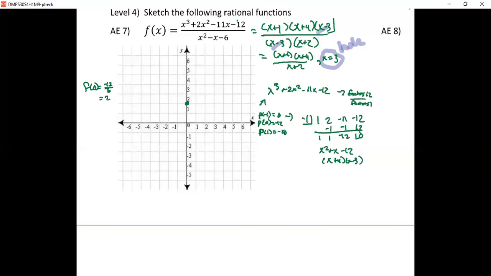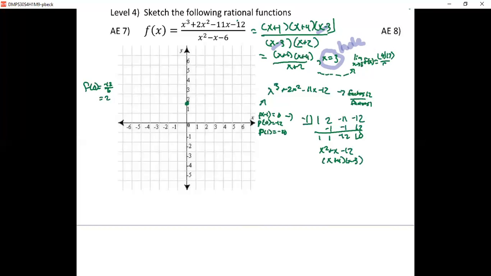We can find that by asking, what's the limit as x approaches 3 of f of x? And I could use my reduced equation to do that. That would be 3 plus 1 times 3 plus 4, over 3 plus 2. Unfortunately, my handwriting's starting to get a little bit bad on that. 3 plus 1 is 4. 3 plus 4 is 7.